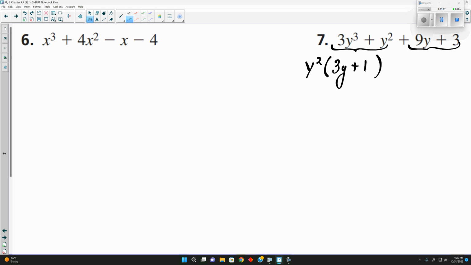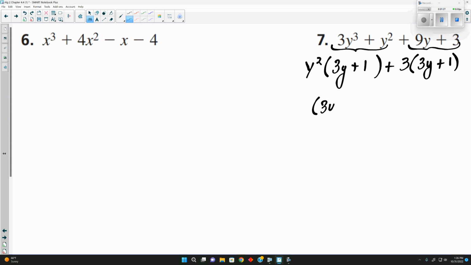Because when we factor a y squared out of y squared, it is 1. Anytime that something factors out completely, it's 1. What's our greatest common factor between 9y plus 3? 3, which will leave us with 3y plus 1.